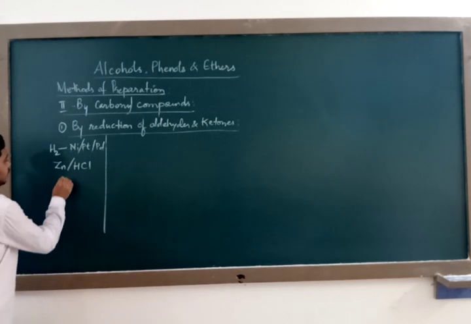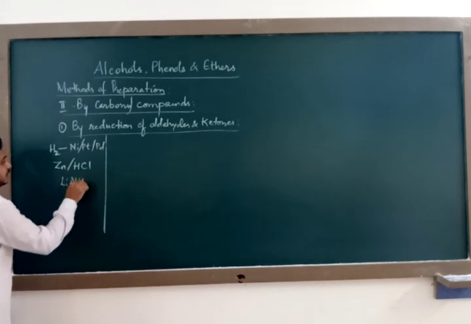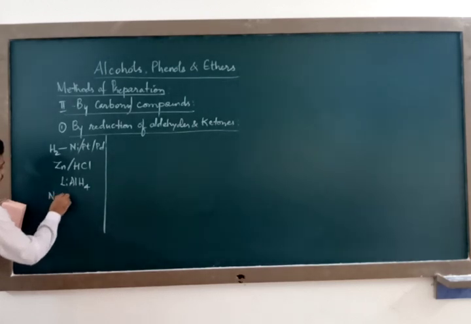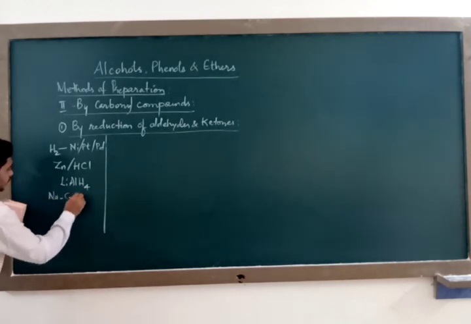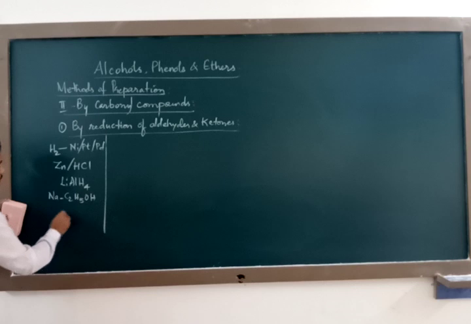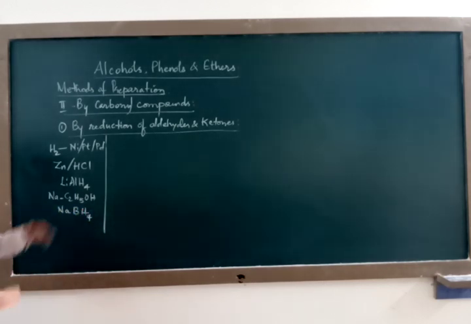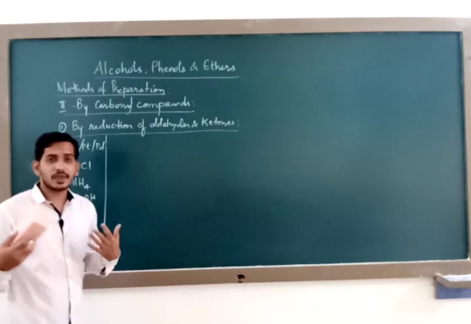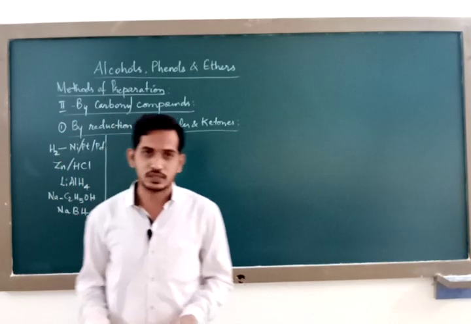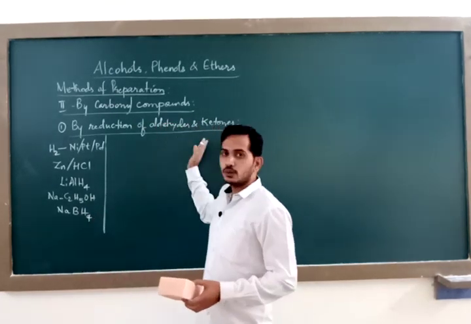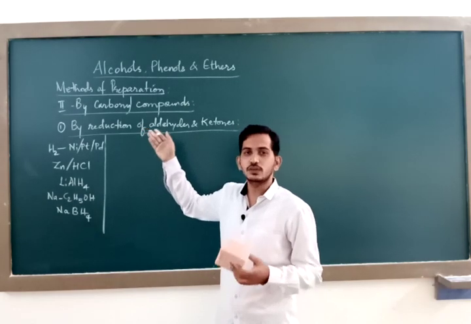If not, lithium aluminium hydride. If not, sodium in ethanol, or else sodium borohydride. You have so many reducing agents, out of which you can choose any one of your choice. What for? In order to reduce aldehydes and ketones, or simply carbonyl compounds, into alcohols.